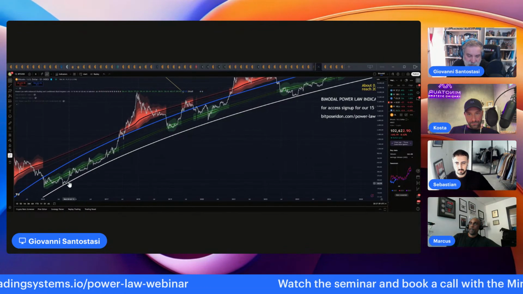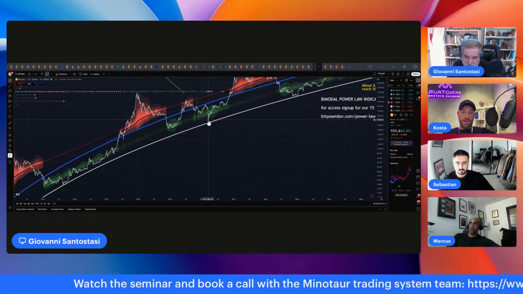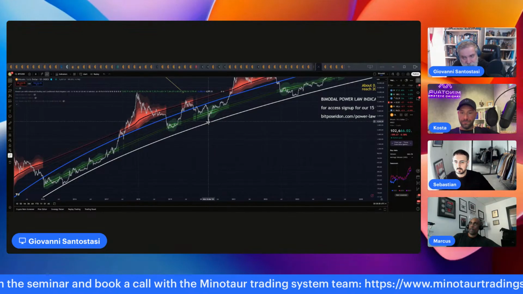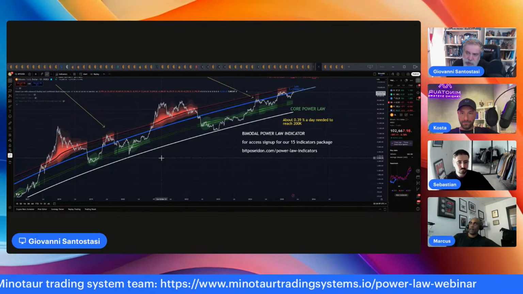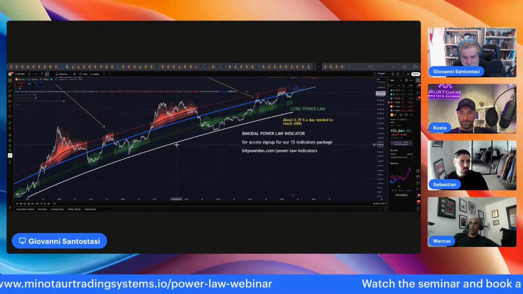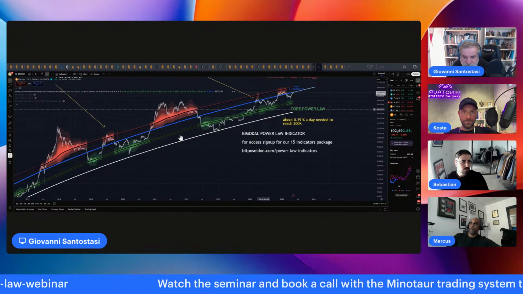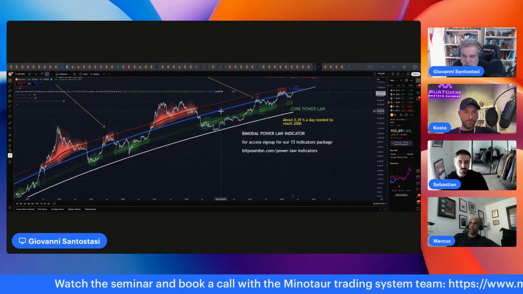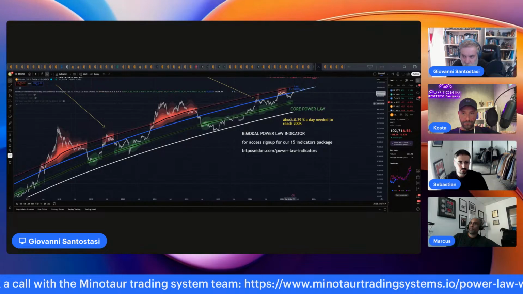Look how amazing it is: it catches all the main bottoms, and even during COVID we didn't cross that line. You can calculate it in different ways, but usually it's about 60% from the middle line. Probably this is the real power law, and all the data between the blue line and the white line is what we call the core power law.